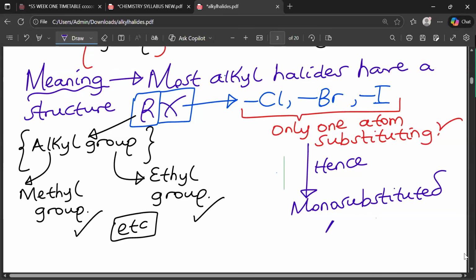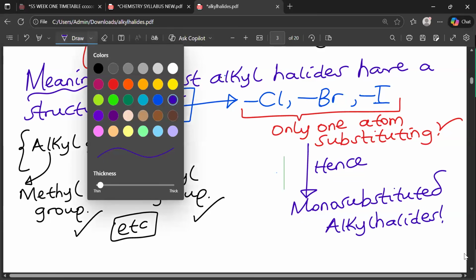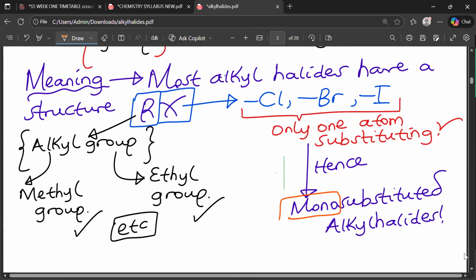It is simple: only and only one Cl has replaced one hydrogen. So this monosubstitution goes to one. Only one. The mono part means only one.